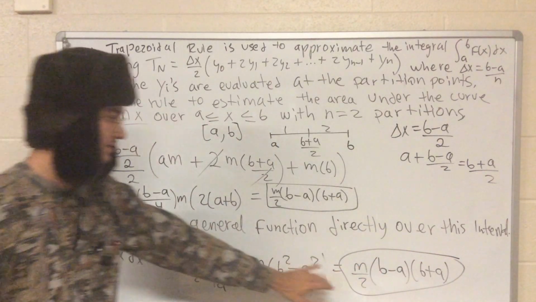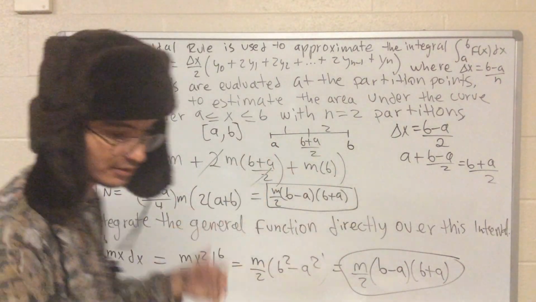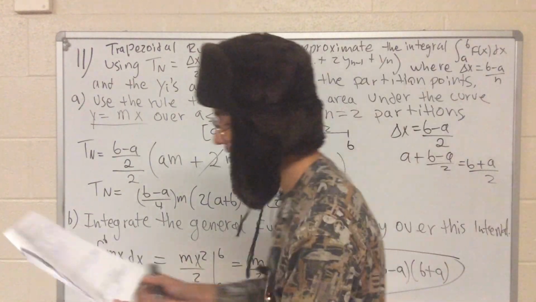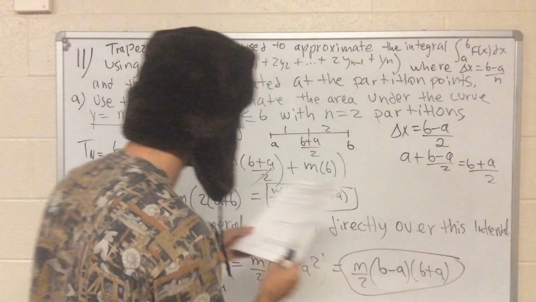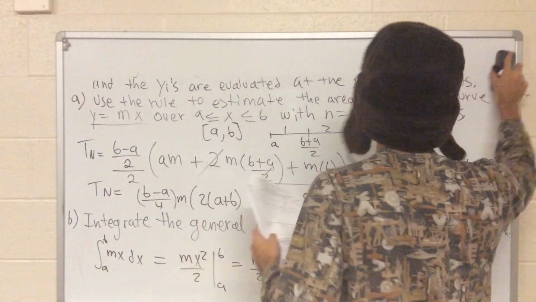And as you can see, that's essentially the same as the trapezoidal approximation, which means that there is absolutely no error. So part C says that the error formula for the trapezoidal rule, I'm going to write it down over here.